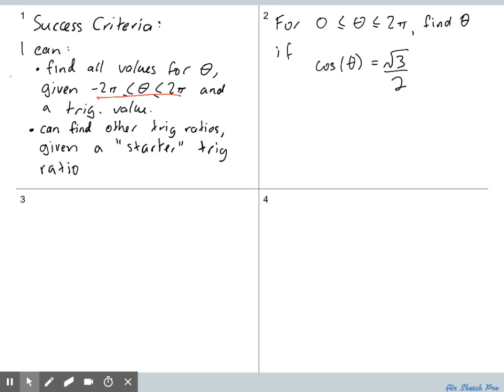Now, while you're having a go at doing that, this is another exact trig ratio problem. So there is a table of values you can look at that we sort of developed over time. I'm just wondering, would it be useful if I gave you a printed table of exact trig values?